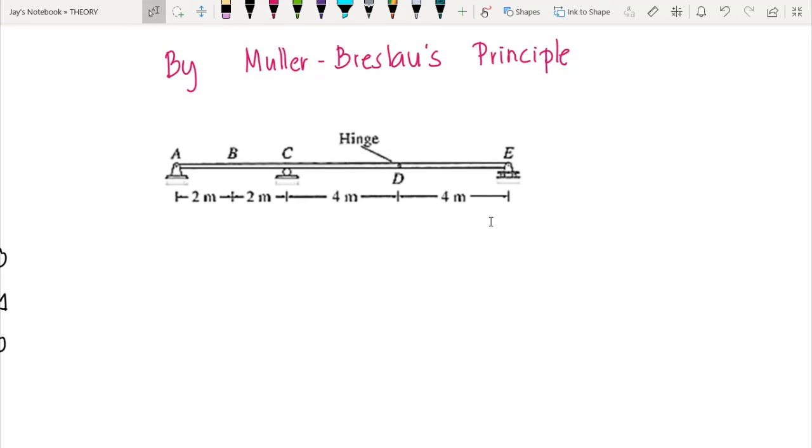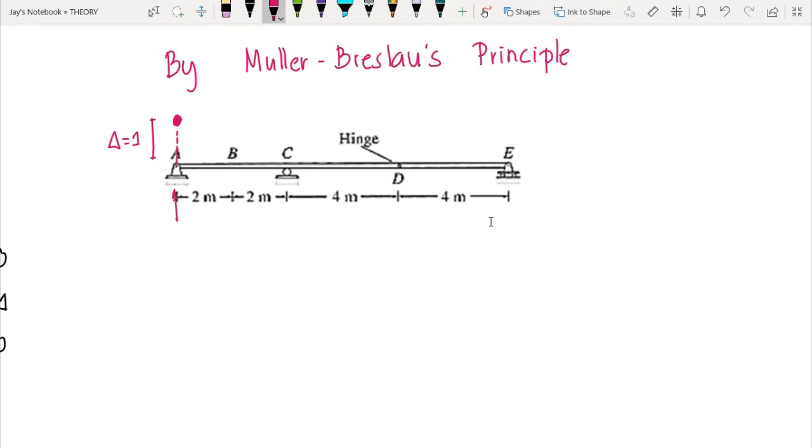Since we are asked to draw the influence line for the reaction at A, we just need to apply a load upward, and we need to create a deflection at A. If we remove the support at point A, there would be a deflection, or point A moves upward, and this movement here is equal to the 1 unit load. So that means we have a movement here which is equal to 1.